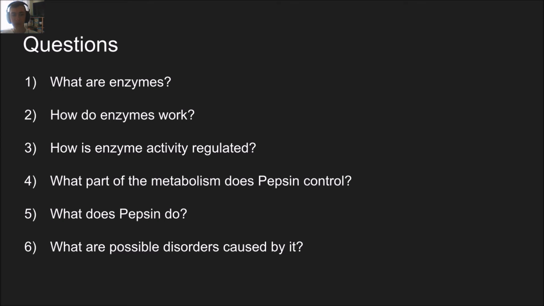Number 4. What part of the metabolism does pepsin control? Number 5. What does pepsin do? Number 6. What are possible disorders caused by it?